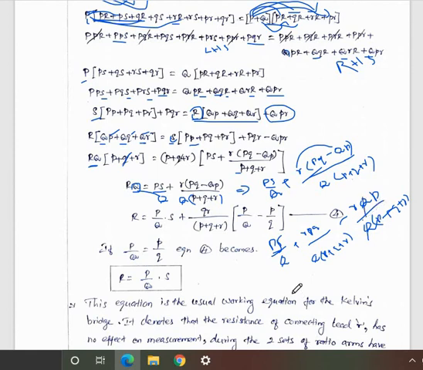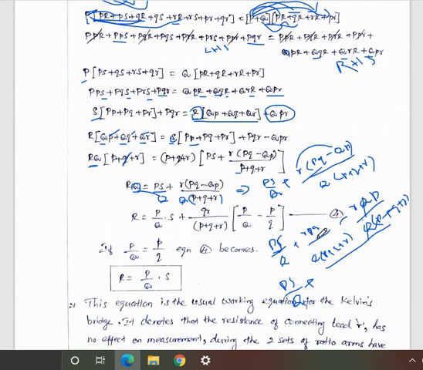The remaining equation will be PS divided by Q plus, because of these two variables I can take the common value QR.